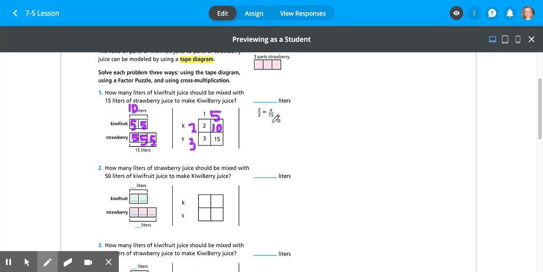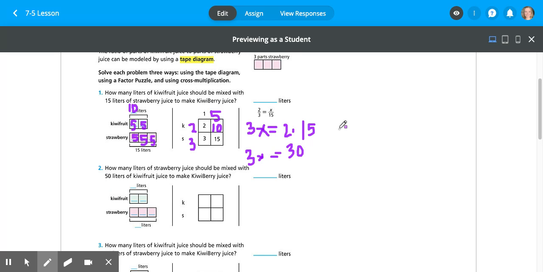So now we have the cross multiplication. So I'm going to first start by making the equation. So 3x equals 2 times 15. So we know 2 times 15 is 30, which equals 3x.